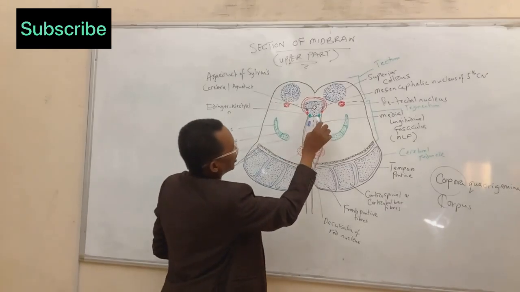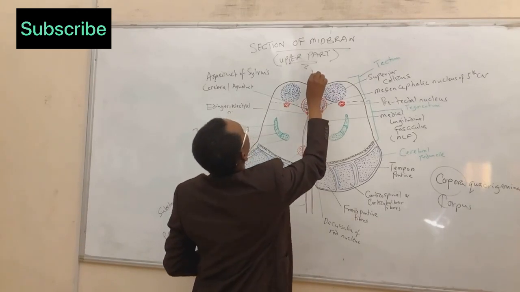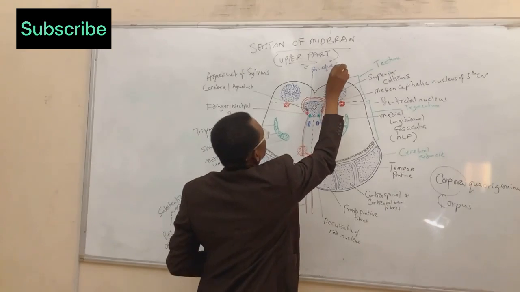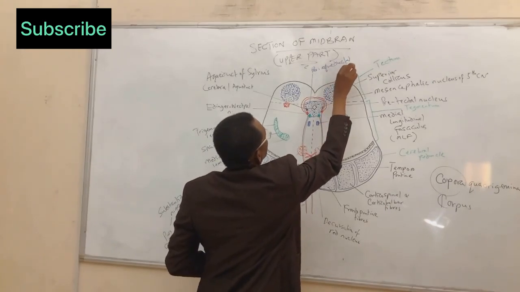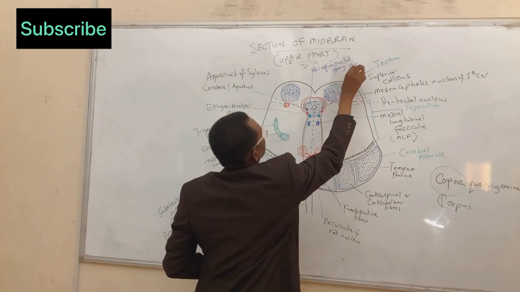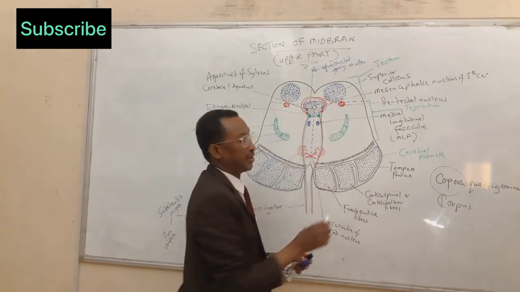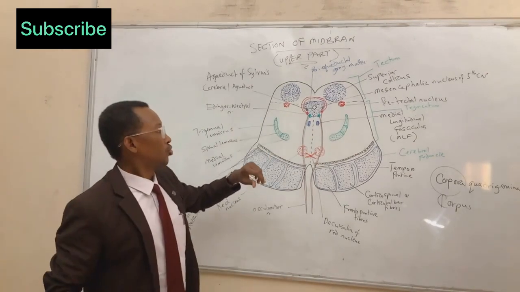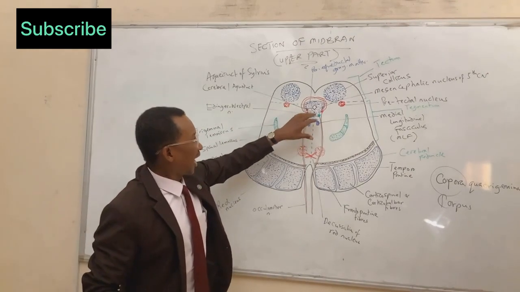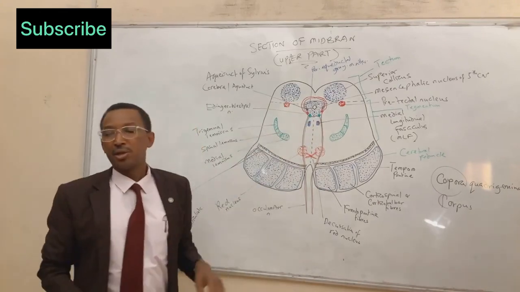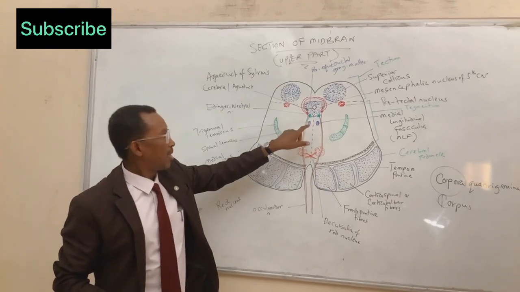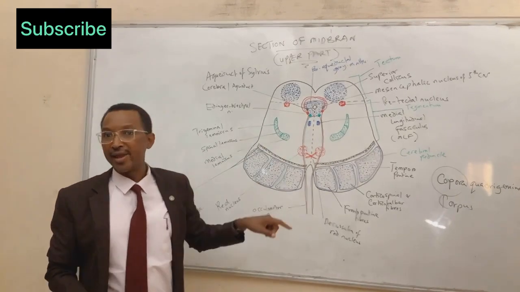This periaqueductal gray matter surrounds the aqueduct of Sylvius or cerebral aqueduct. Anterior to this periaqueductal gray matter, you have two nuclei.